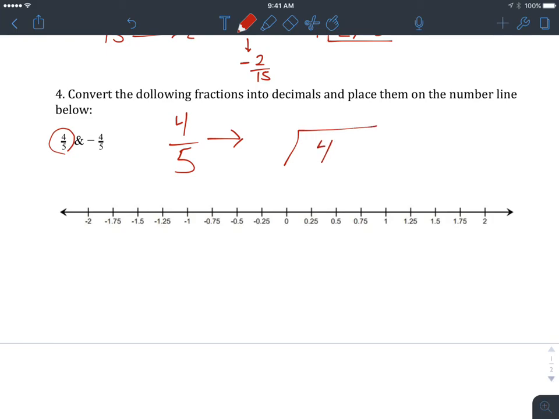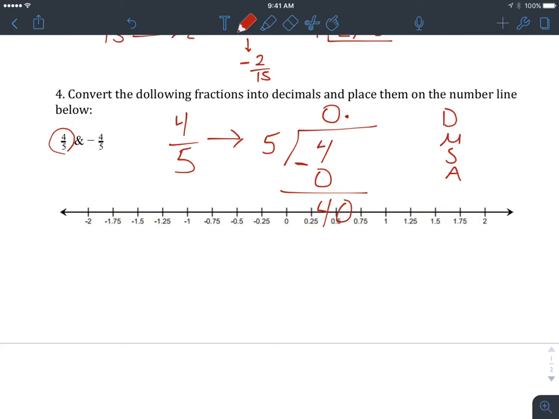So remember, the top number goes on the inside, the bottom number goes on the outside, and then the steps for long division are DMSA, dad, mom, sister, aunt, where dad stands for divide. 5 goes into 4 0 times. Mom stands for multiply. 5 times 0 is 0. Sister stands for subtraction. 4 minus 0 is 4. And then A doesn't stand for addition, but add a decimal and a 0.